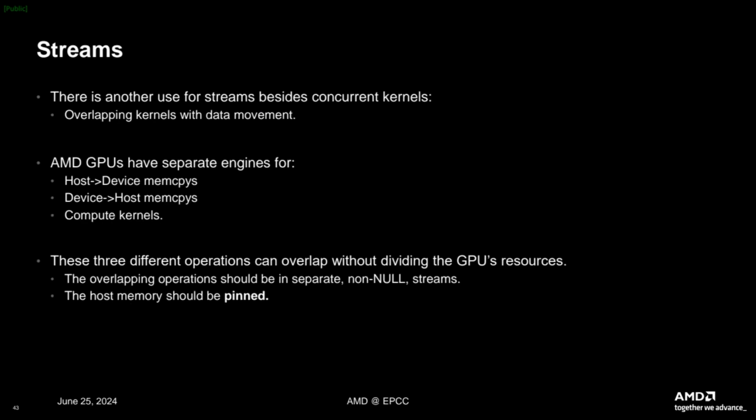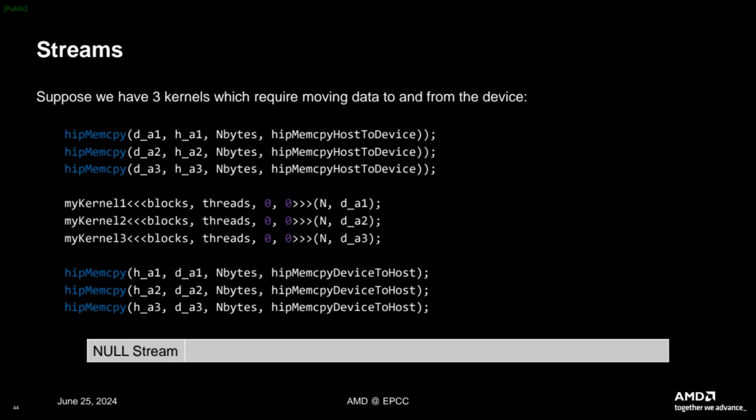And so basically, you can leverage that idea of streams, and also the fact that AMD GPUs have separate engines for copies and compute kernels, to overlap memory copies and execution.